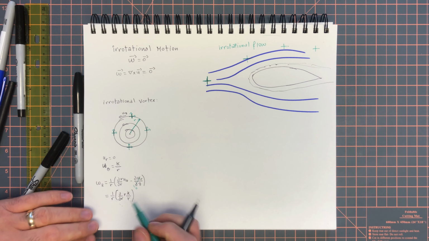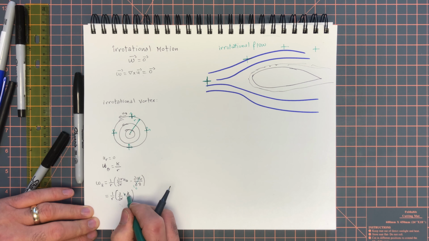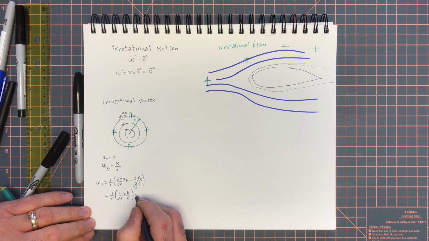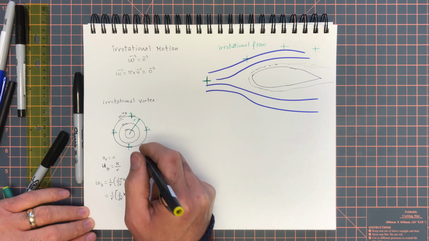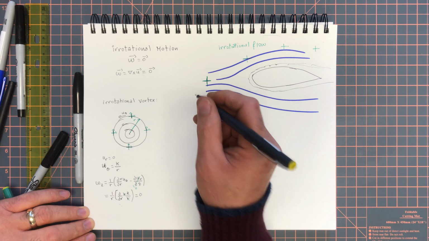So r and r cancel out, and k is a constant, therefore indeed vorticity is equal to 0. This is called the irrotational vortex.